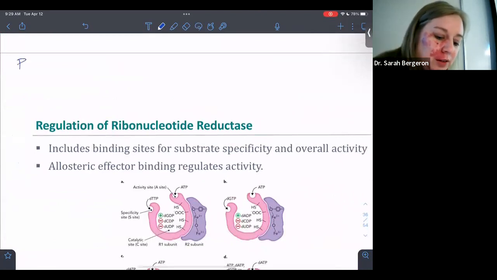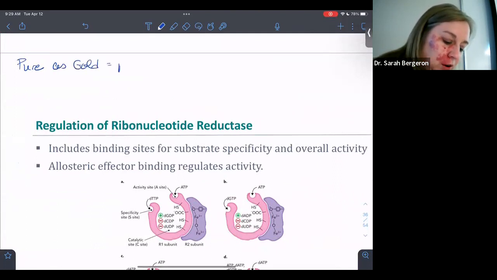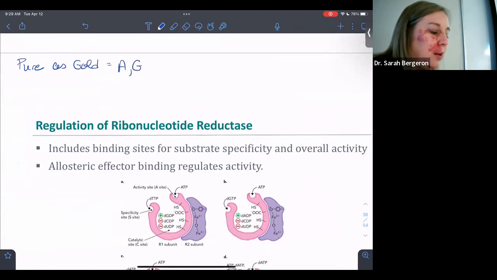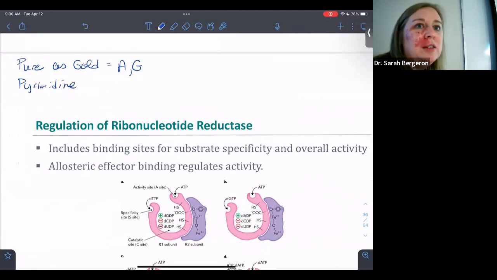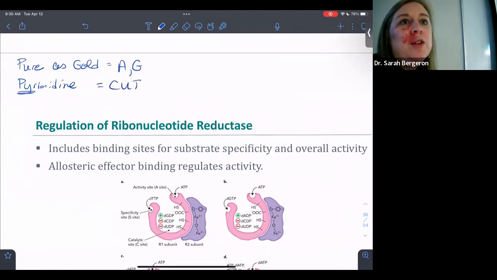What are our purines? Pure as gold, right? So pure as gold is A and G. And then what are our pyrimidines? You want to know how I know pyrimidines? Not A and G. Well, what do you do to a pie? Pyrimidine, you cut it. You cut a pie.